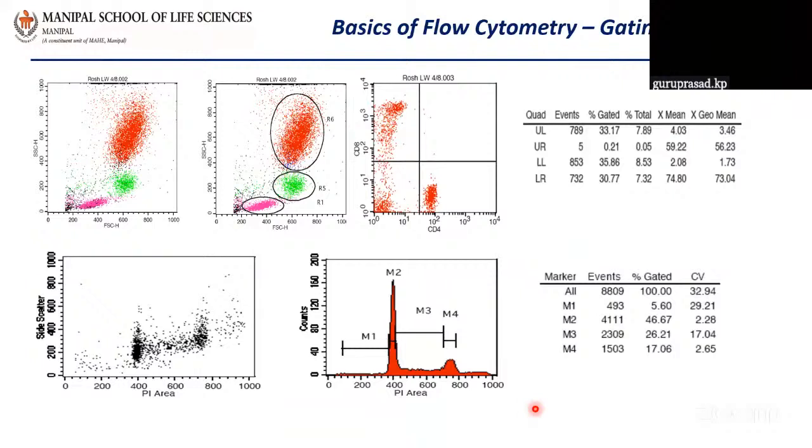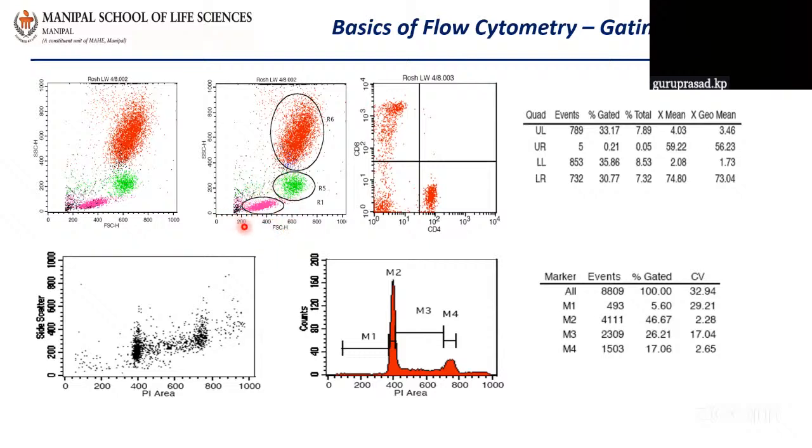So this is another thing. Please look at these graphs here. In the first graph, you can see forward scatter and side scatter, the same thing I explained earlier. This cluster is lymphocytes, macrophages, monocytes, and this is the neutrophils. When we are observing a plot in the machine, we can mark a specific cluster of events, or cluster of dots.